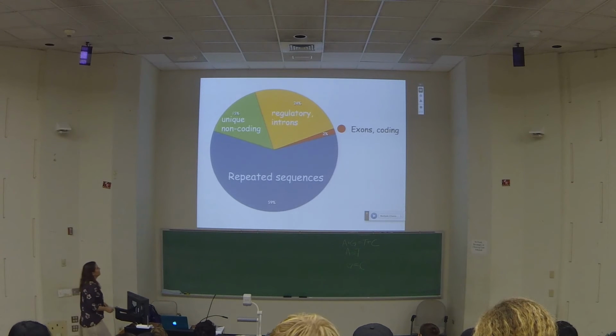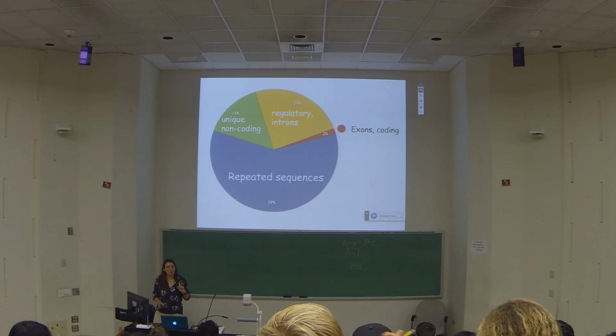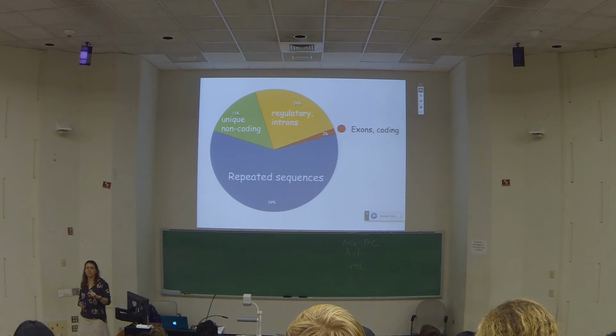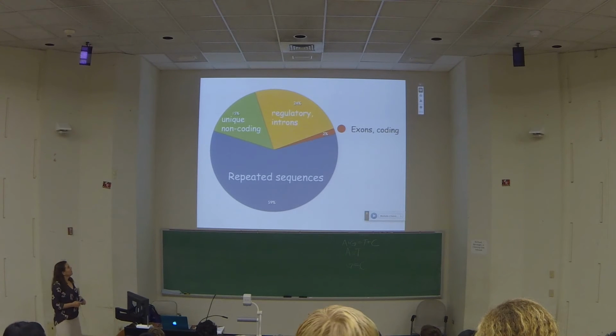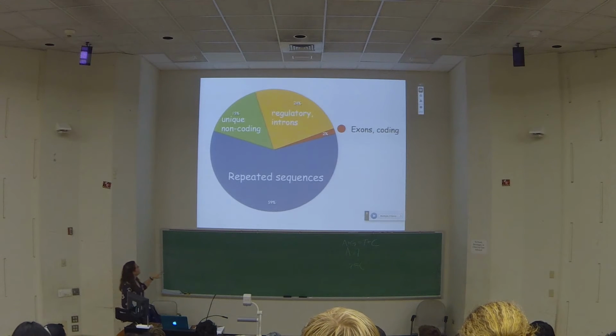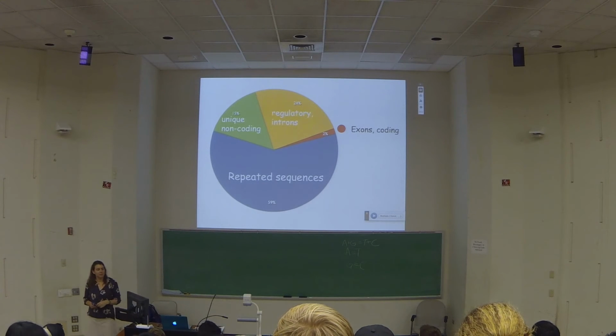In general, a very small percentage of our genome consists of pieces of DNA that code for products, whether that's a protein or a piece of RNA, ribosomal RNA. Right? 2% are coding. The rest of our genome is either regulatory or non-coding stuff we don't understand or repeated structures.